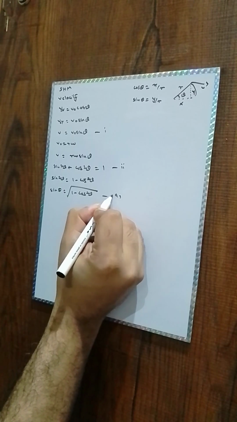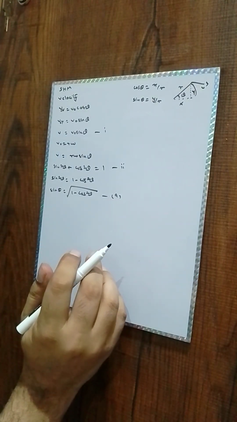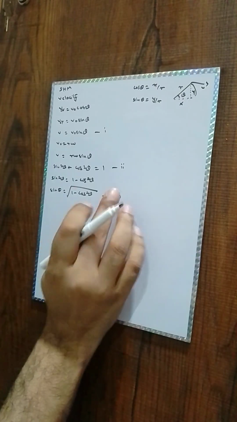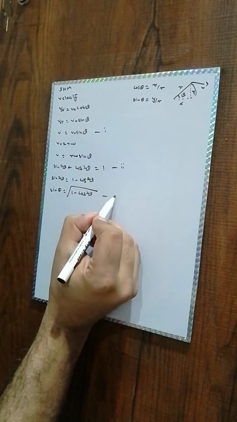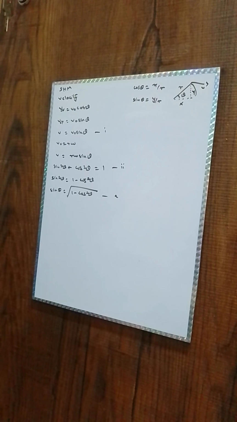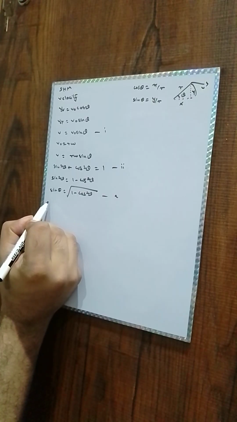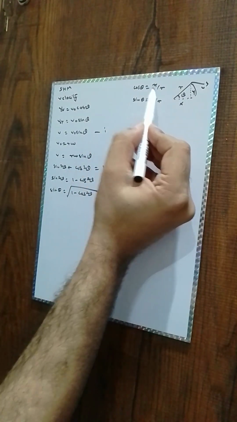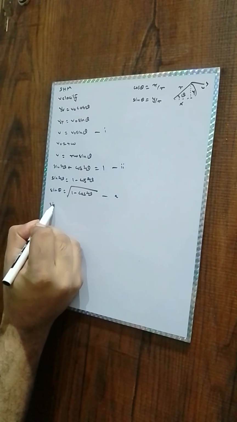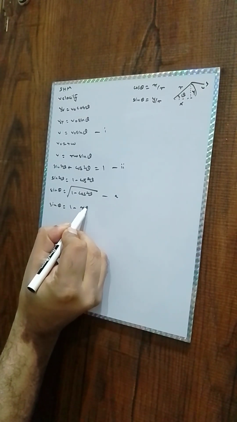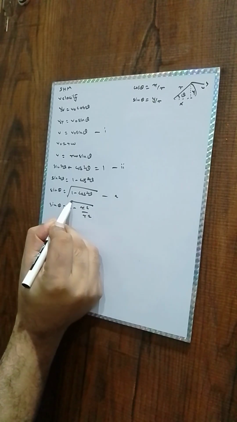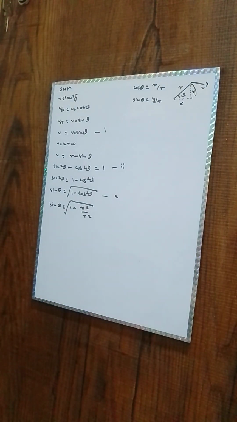Let's call it a, and instead of s we just put a, as s can be confusing. And also another substitution, as we know that cos theta is equal to x by r, so sine theta is equal to the root of 1 minus x square by r square.